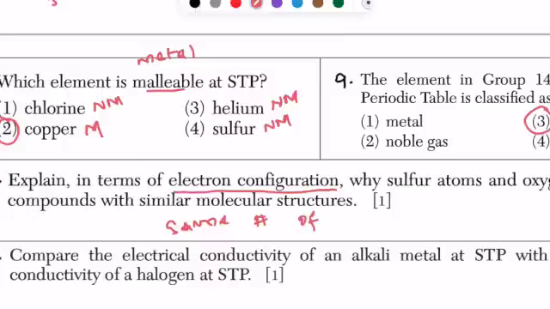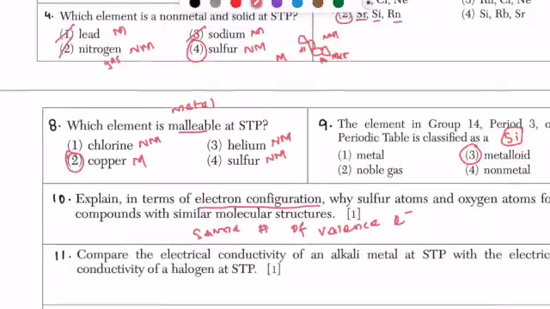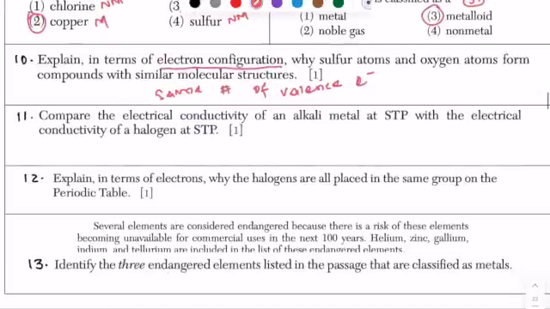Because if elements have the same number of valence electrons, they have a lot of properties that are very similar. But if the question would have said explain in terms of the periodic table, or explain in terms of the group or the period why sulfur and oxygen have similar properties, then you would have said because they are in the same group.